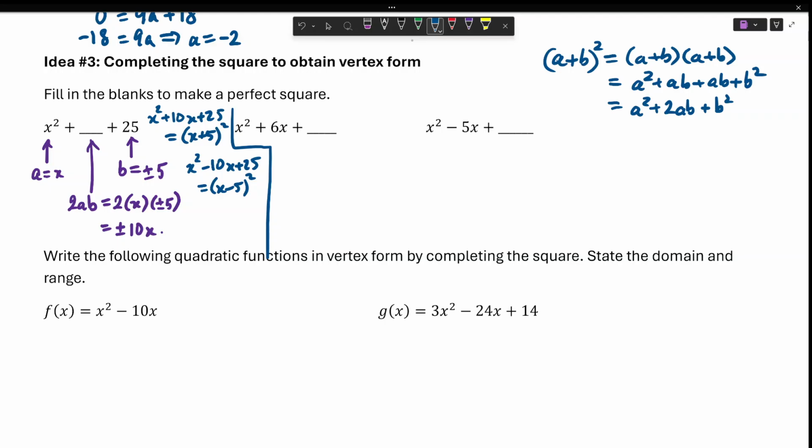Okay, let's do the second one. We're trying to say x squared plus 6x plus some mystery number. What mystery number gives us a perfect square? We know a should be x, and this should be 2ab.